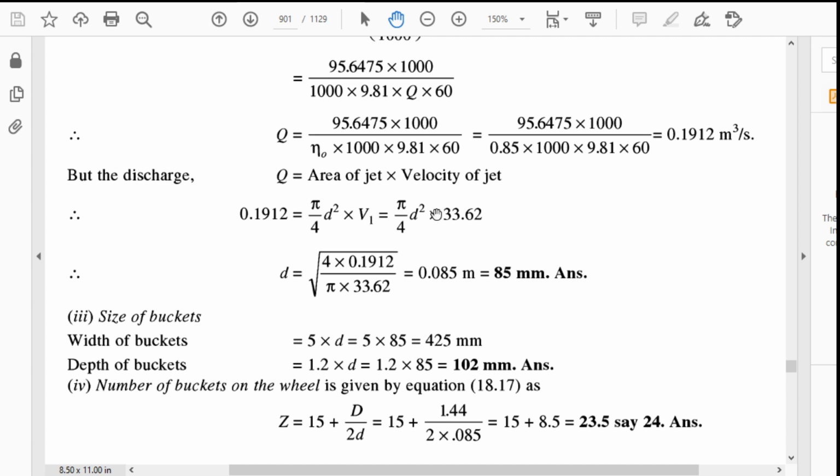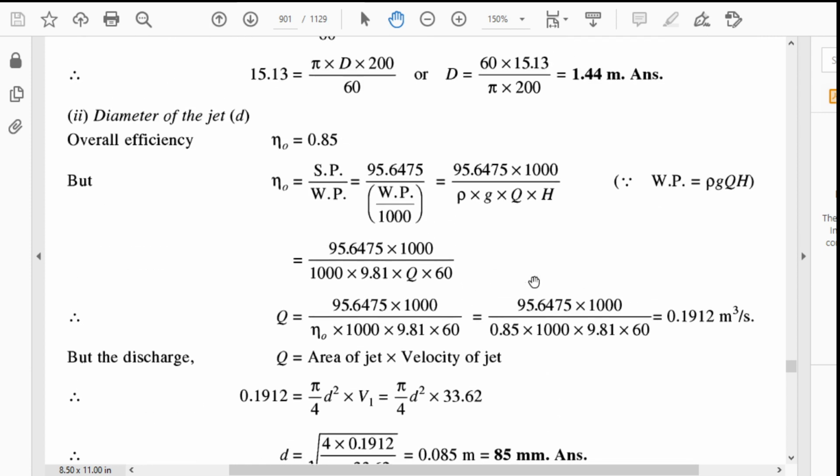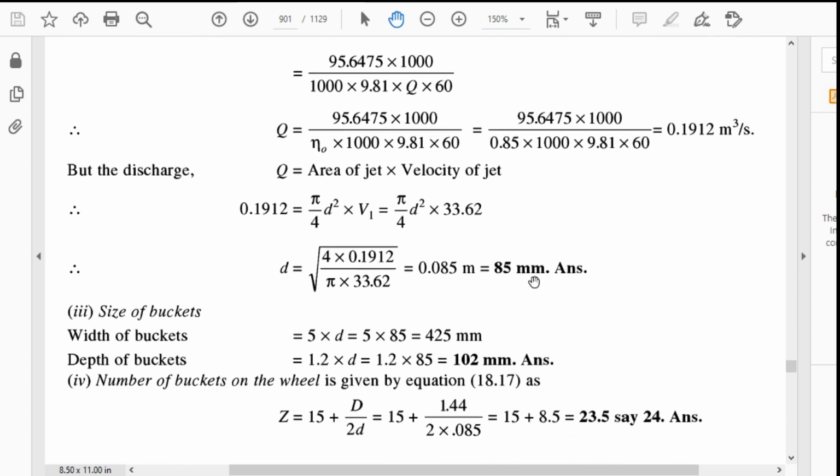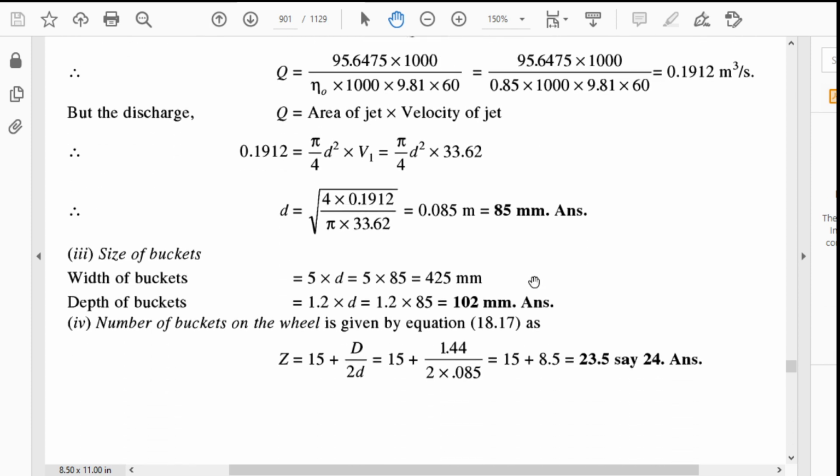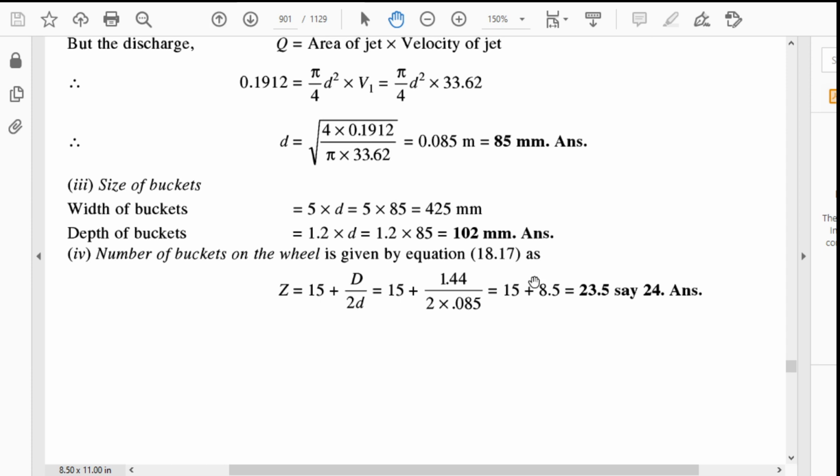So substitute all the values here, you will get the diameter of jet as 85 mm. So the diameter of wheel will be 1.44 meters and the diameter of jet will be 85 mm.